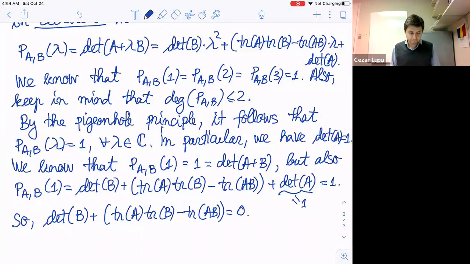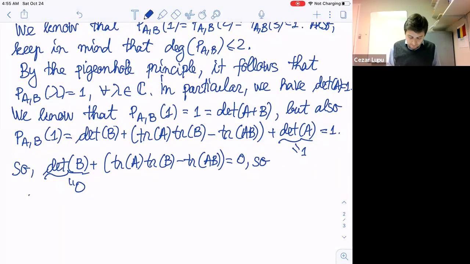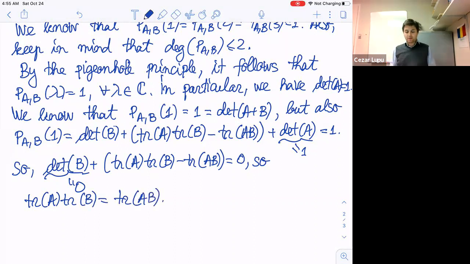All right. Well, in fact, it was obvious that the determinant of B is 0. Well, since this is a constant, so the determinant, since it's the coefficient of lambda squared, is 0. So we have that trace of A times trace of B is the same as trace of AB.